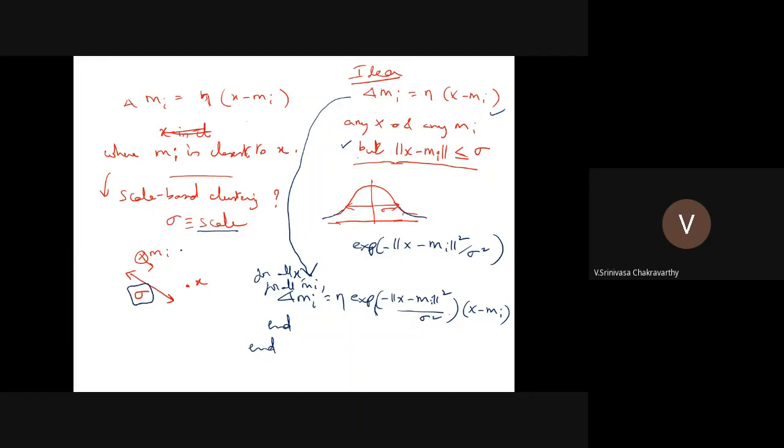In the previous case we wanted a cost function where you only compare a given centroid with all the points in its cluster. That is now taken care of by the scale parameter and the Gaussian. So you don't have to specifically look for the nearest neighbor. You just run this update rule over all the data and all the centroids, and the Gaussian will take care of this nearness, because the update will show some results only when x and mi are sufficiently close.